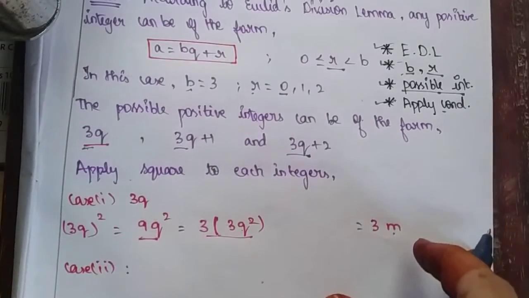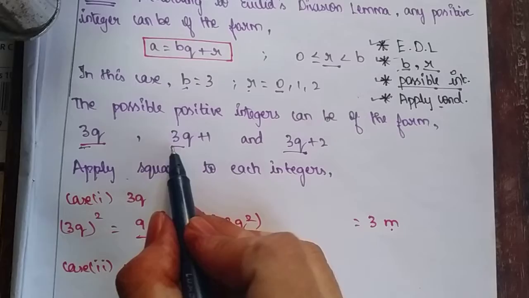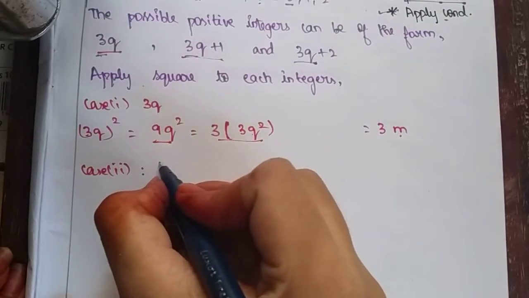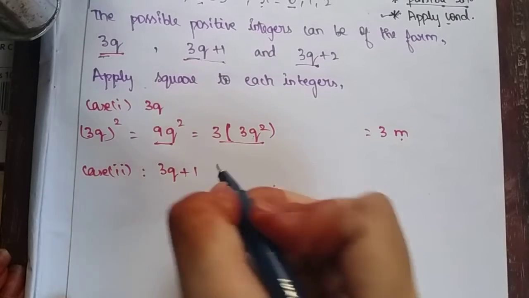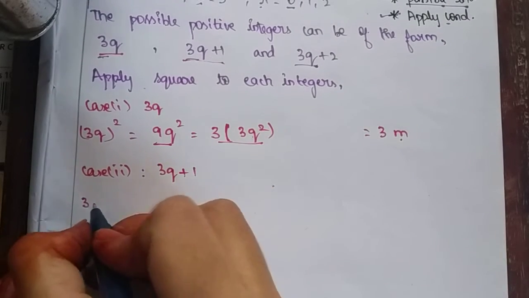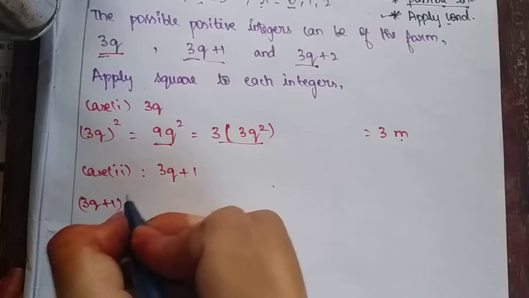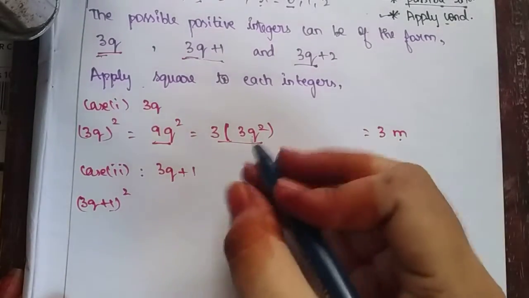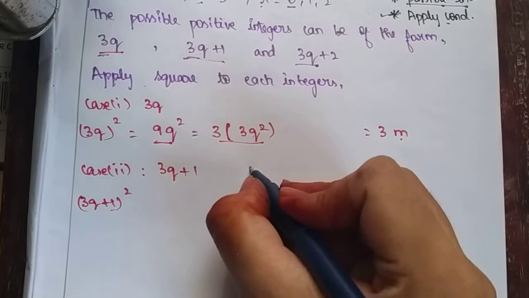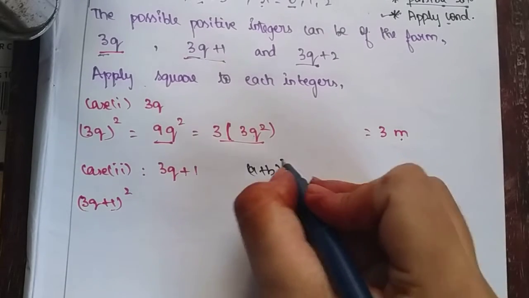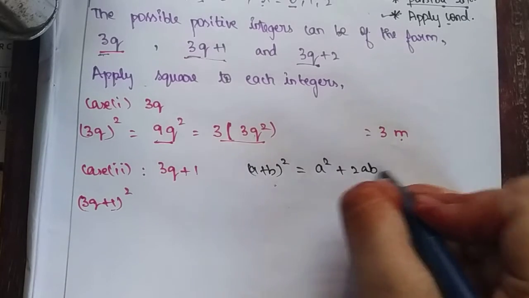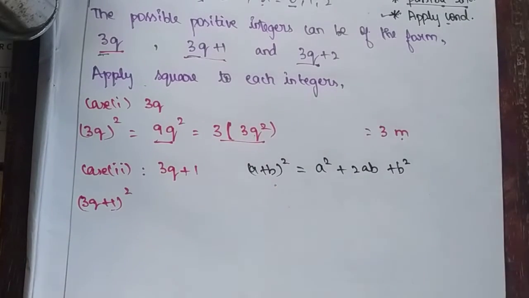Case 2 is the second integer, that is 3q plus 1. Apply square for this term. So 3q plus 1 the whole square. It is in the form a plus b the whole square. So a plus b the whole square is equal to a square plus 2ab plus b square. I'm just applying this identity here.